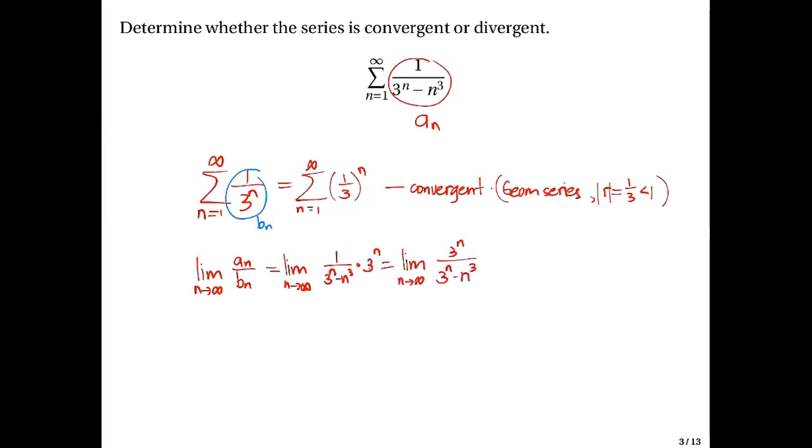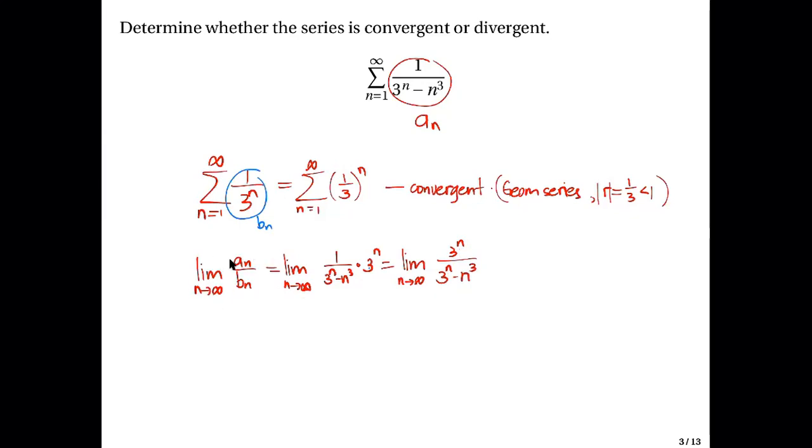Okay? Now, look at this. You have 3 to the n over 3 to the n minus n cubed. And you can work on this using all the techniques that you know from Math 21. Okay? Pwede kayong mag-multiply and divide by 1 over 3 to the n, etc., etc. Okay?